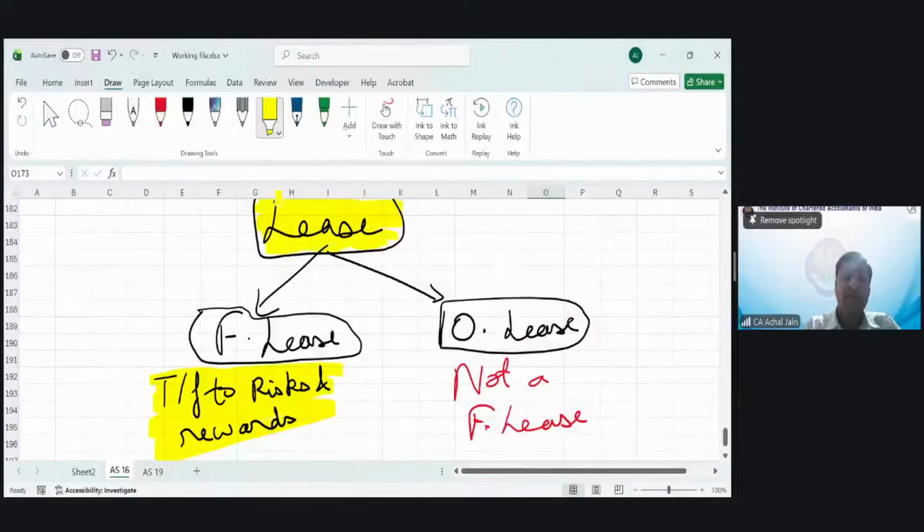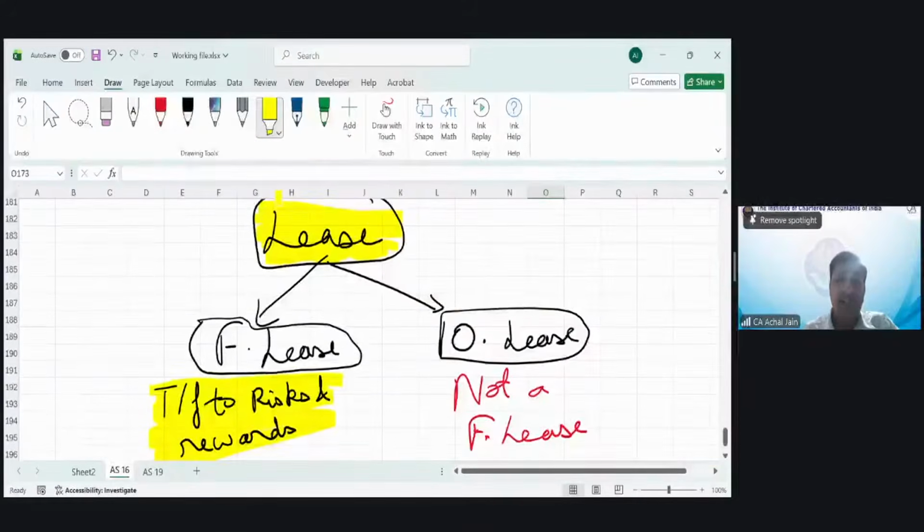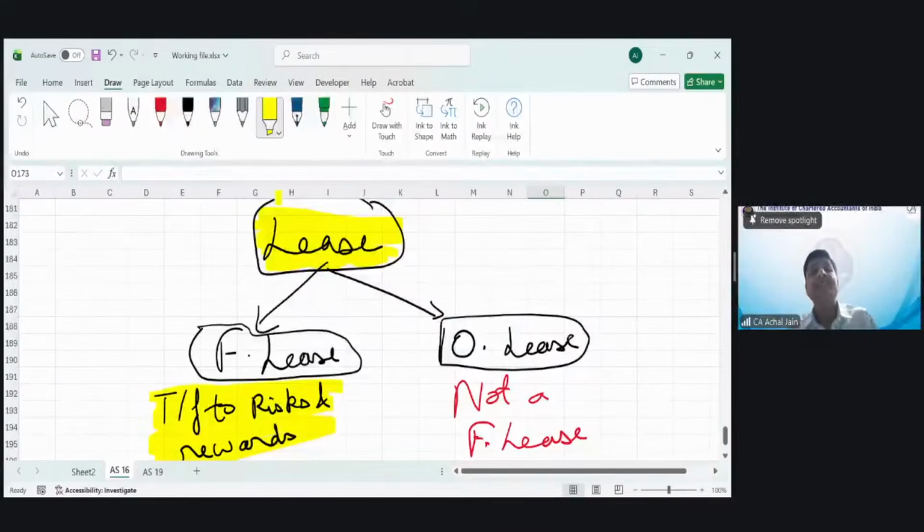First of all, we need to check whether it's a finance lease or not. If it's a finance lease, then you will do the accounting as per finance lease. If it's not a finance lease, then what will happen? You will go to operating lease by default. You don't need to check anything further. Clear?